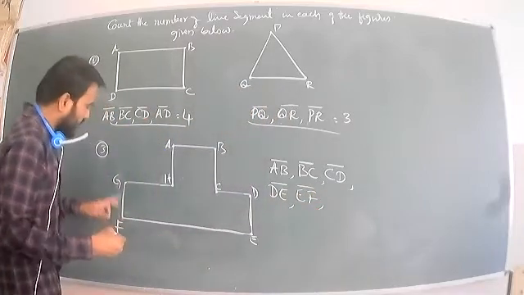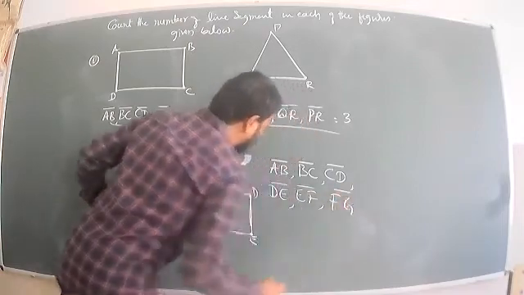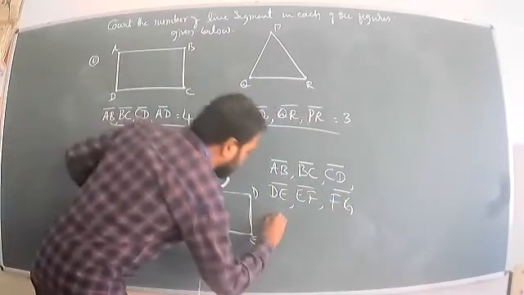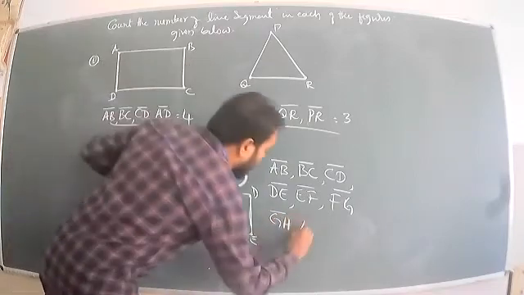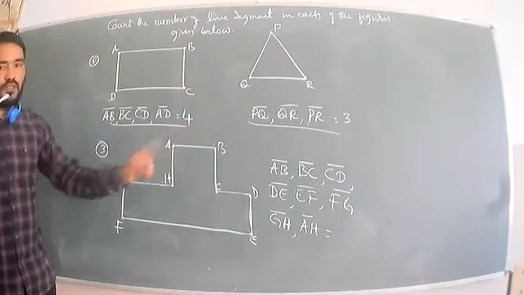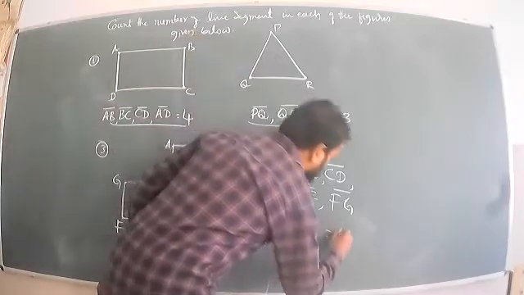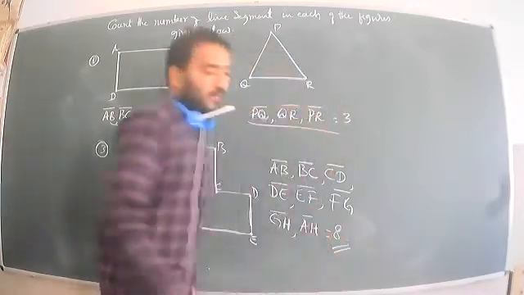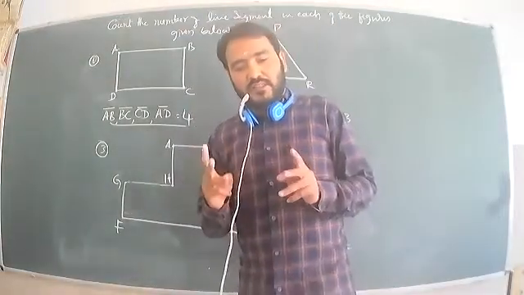Next, FG. Next, GH. Next, HA or AH. Totally how many line segments? 1, 2, 3, 4, 5, 6, 7, 8. Totally 8 line segments.